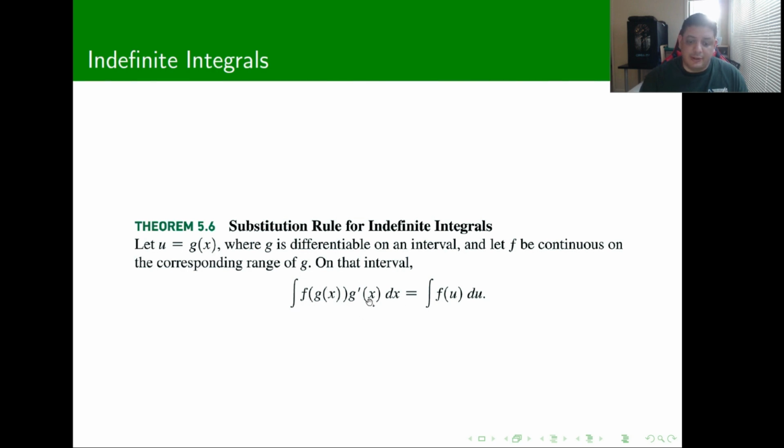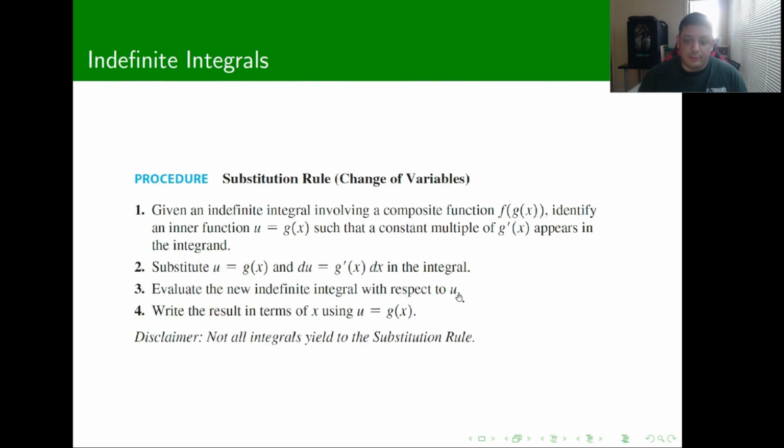Here g of x becomes u, and g prime of x is going to be du/dx. So we can transition g prime of x dx to just du, and then we're going to do the integral in this new variable. So you might be wondering what's the benefit of that?